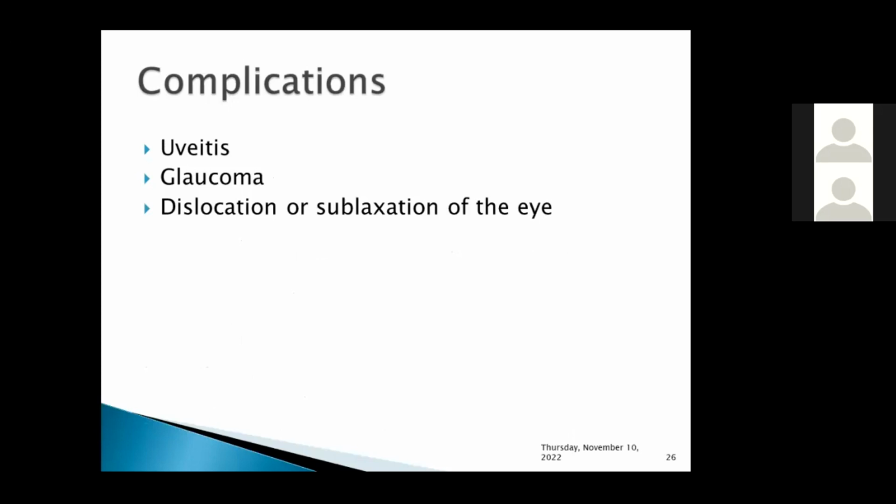So this inflammation can turn into glaucoma, an inflammatory type of glaucoma. We call it phacolytic glaucoma. Or the glaucoma could be due to the hypermature cataract, which is a kind of angle closure glaucoma. So any kind of glaucoma is possible with cataract. The other complication is that the lens could be dislodged from the usual anatomic place, and it might come usually to the anterior chamber. So this is another complication.